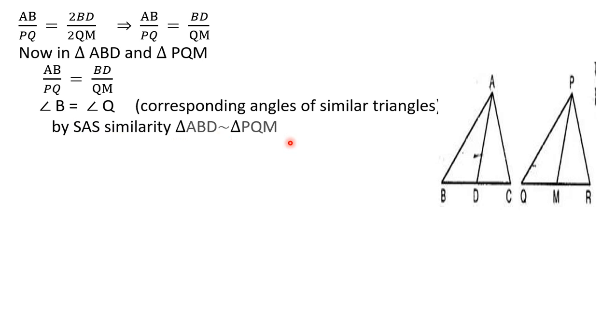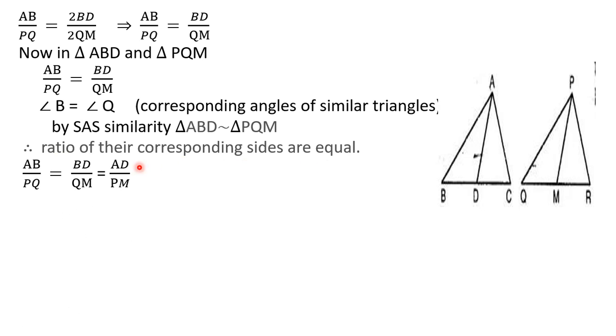Now for the relationship of these two triangles, the ratio of the corresponding sides are equal in similar triangles, that is AB upon PQ is equal to BD upon QM is equal to AD upon PM, as these two triangles ABD and PQM are similar.